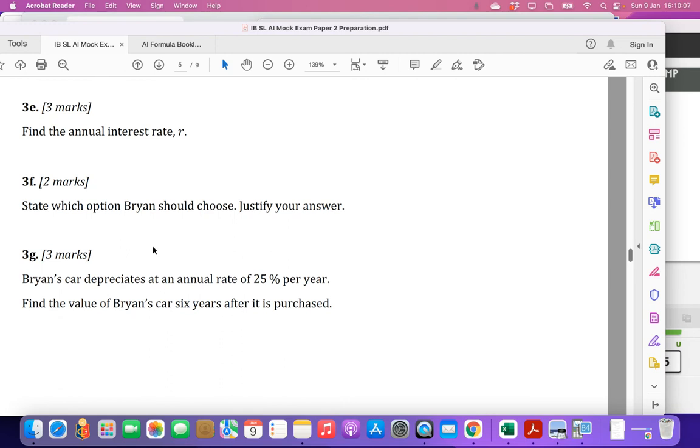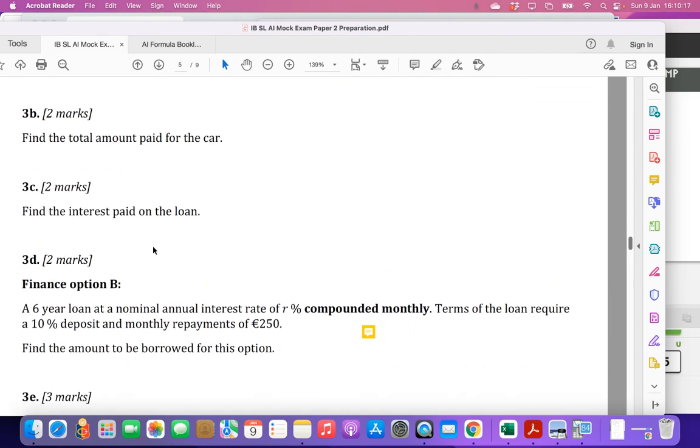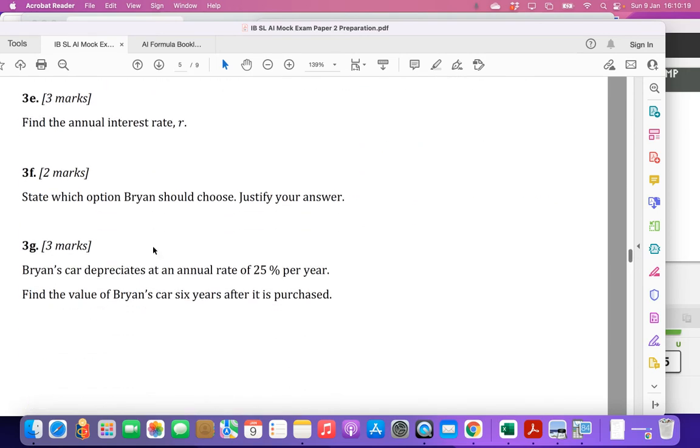Okay, so yeah, how much did he borrow there on option B? We had the total amount paid for option A. So let's take a look at these totals and see which is perhaps the most favorable option for borrowing the money for the car, presuming that you have the down payment for that, of course.